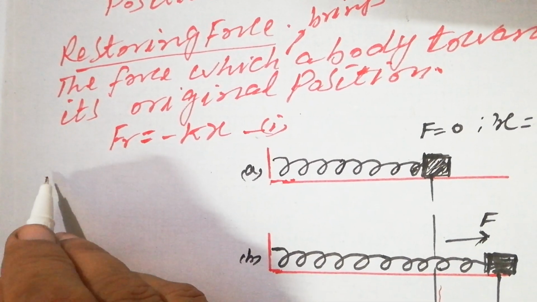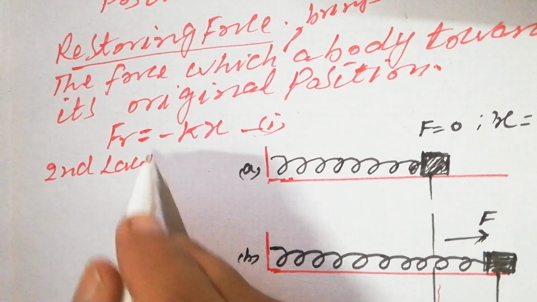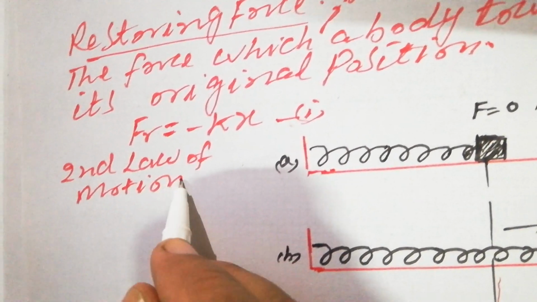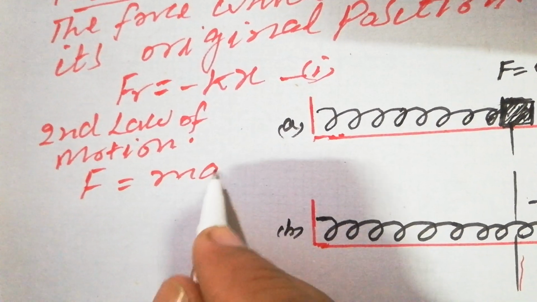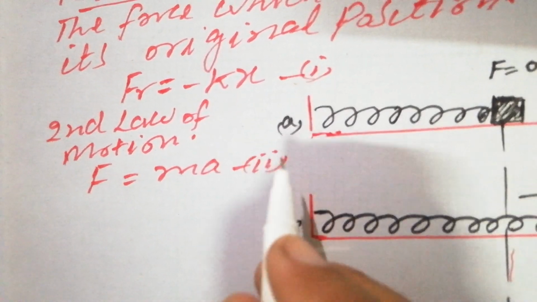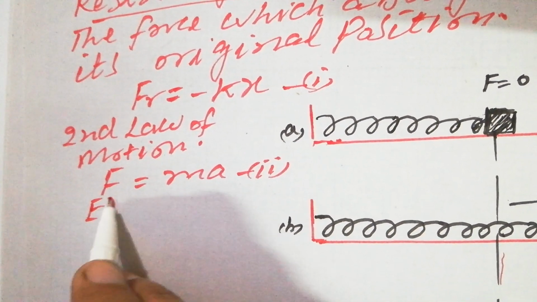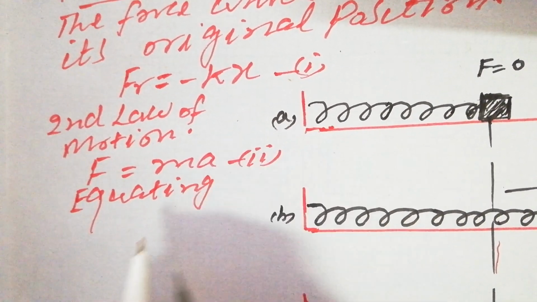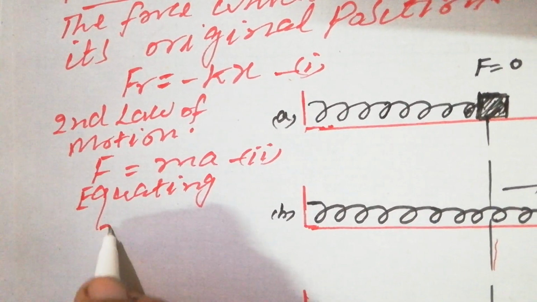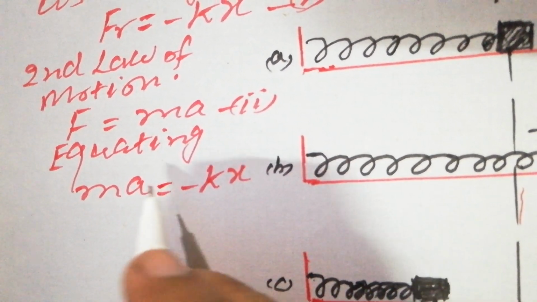And according to the second law of motion, students, what is the second law of motion? F is equal to ma. It's another equation. Both are forces, so you can equate these two equations. Equating, we get ma is equal to minus kx.